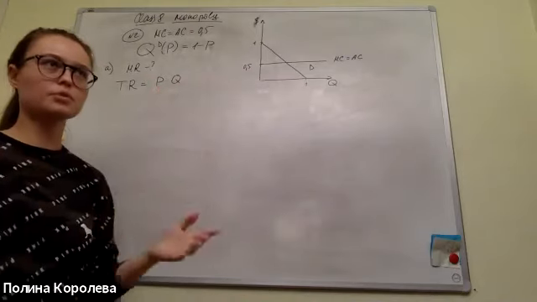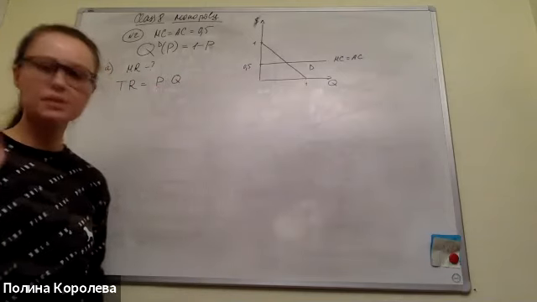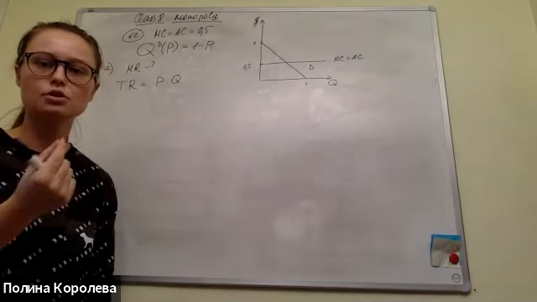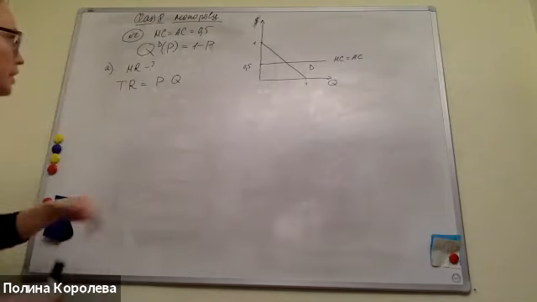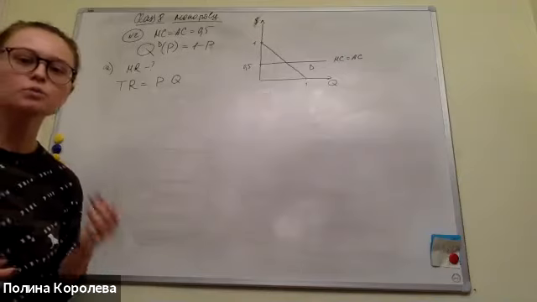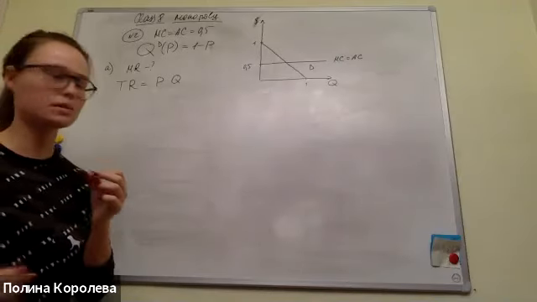Because in a perfectly competitive market, there are a lot of firms, and firms are price takers. They cannot control the price. They take it as given. So price was constant.